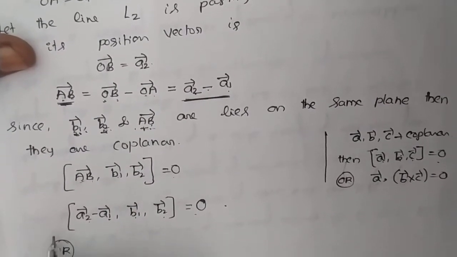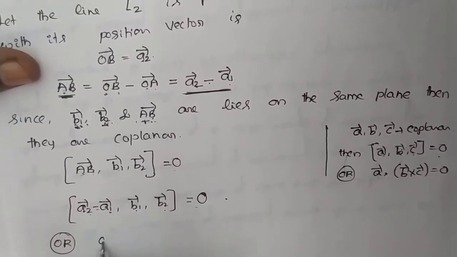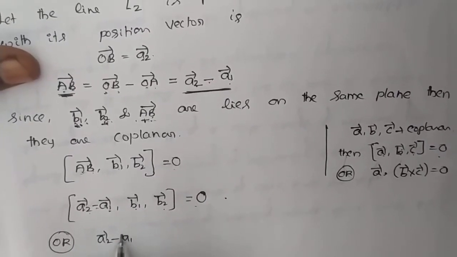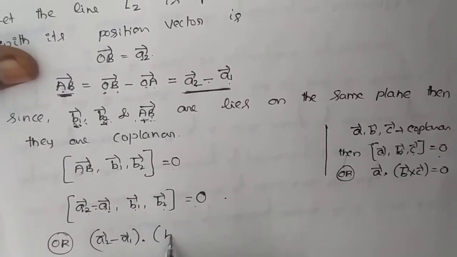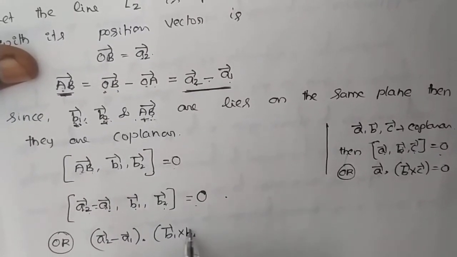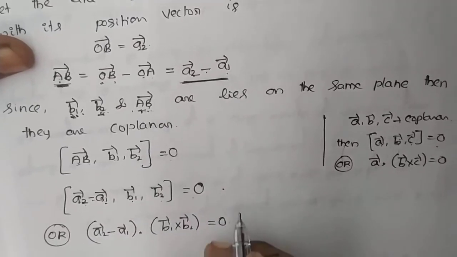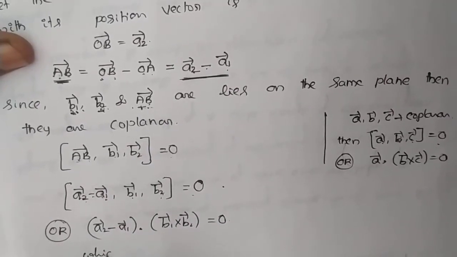Or this can also be written as (A2 minus A1) dot B1 cross B2 equals 0, which is the vector form.